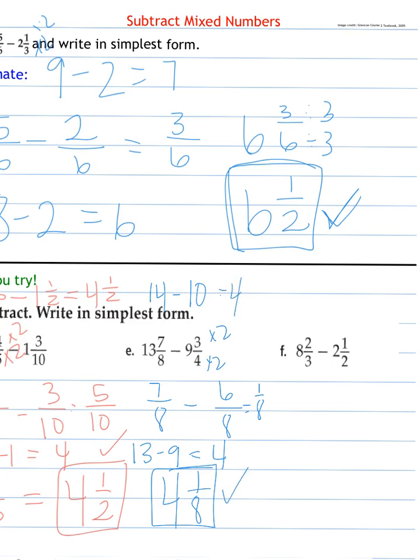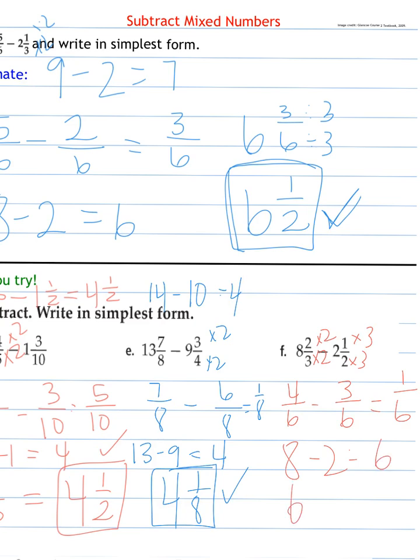Last one here, 8 and 2/3 minus 1.5, a common denominator of 6. This is one of those cases where you see if you multiply the denominator by the denominator of the other fraction, you get a common denominator. So we have 4/6 minus 3/6, which equals 1/6. 8 minus 2 equals 6.